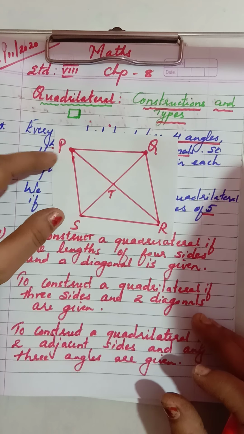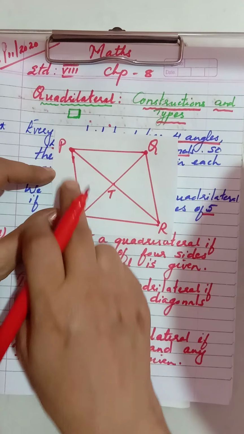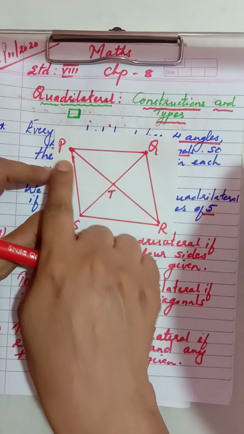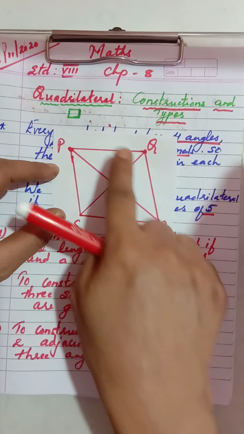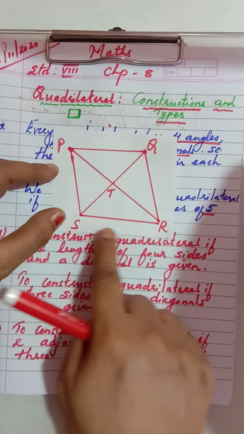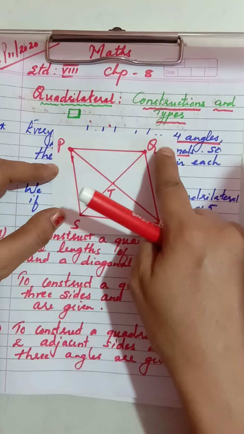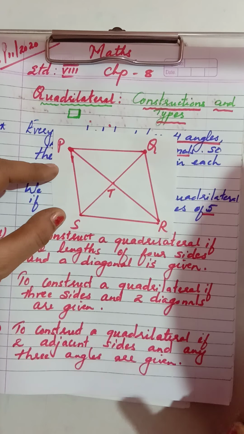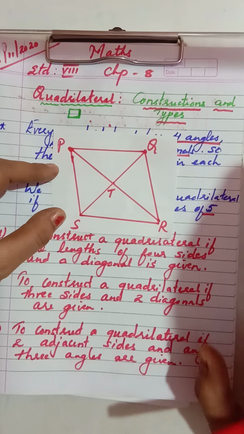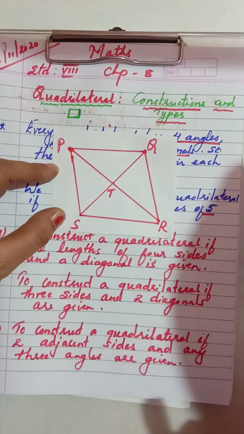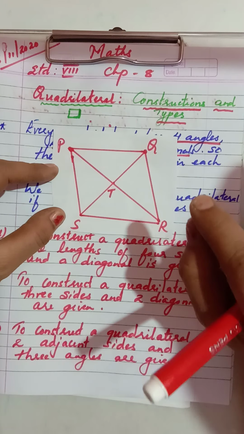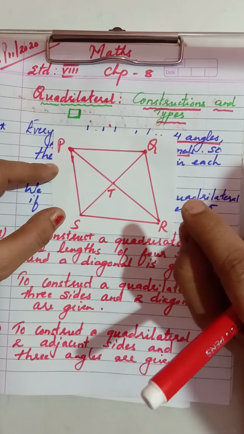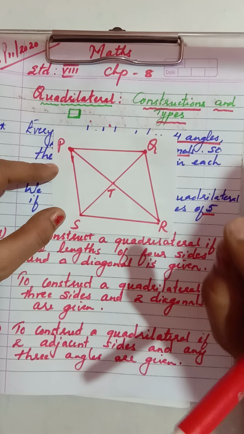You can see it has four sides: first, second, third, fourth, sides PS, SR, RQ and PQ. This is a sample of a quadrilateral, and you can see it is a closed figure.